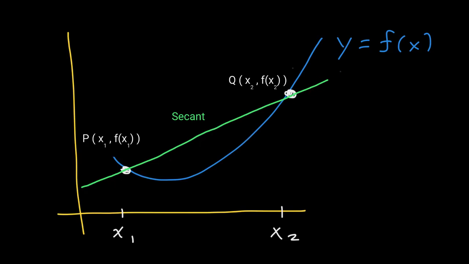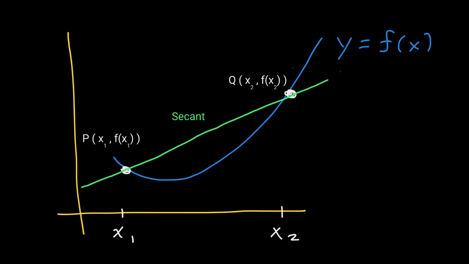Therefore, the average rate of change of our function f from x sub 1 to x sub 2 is the slope of this secant line. We can call it the slope of the secant line PQ.